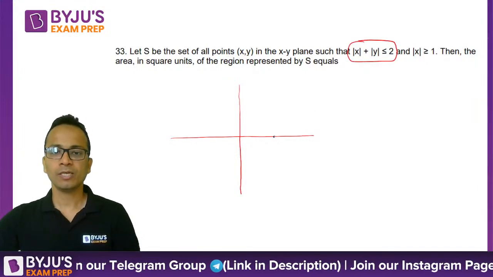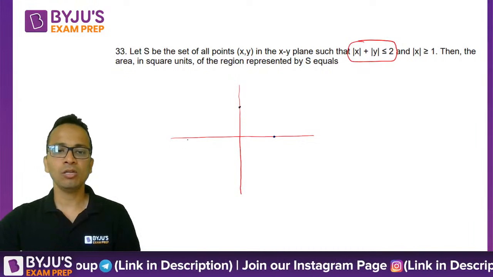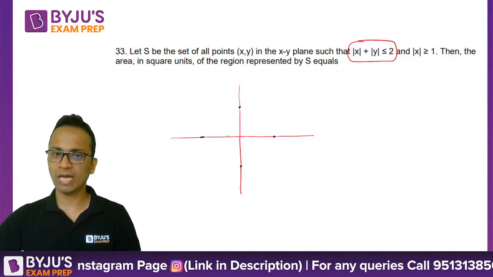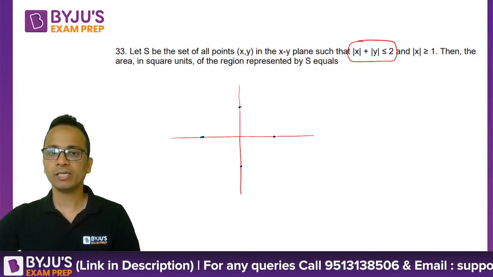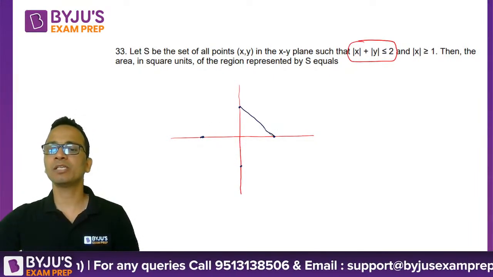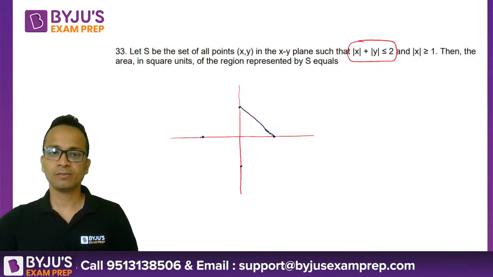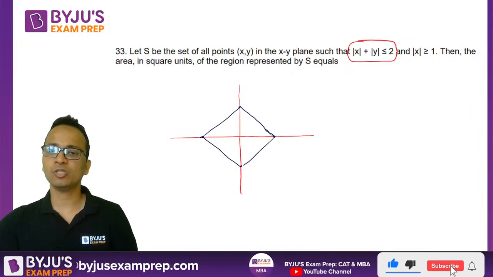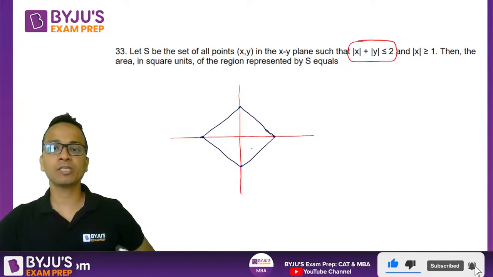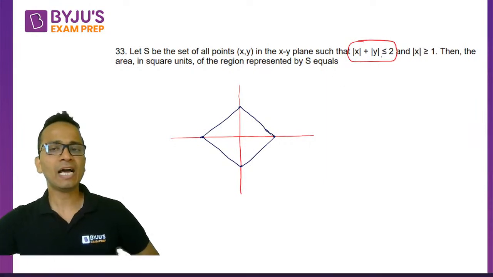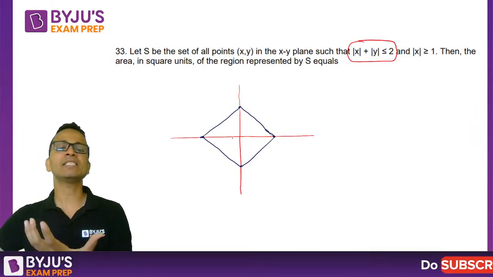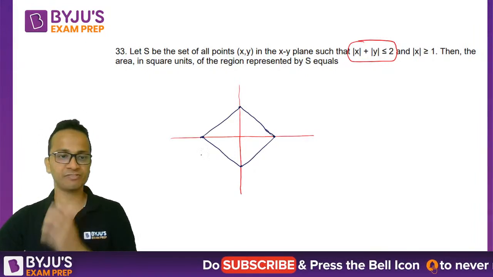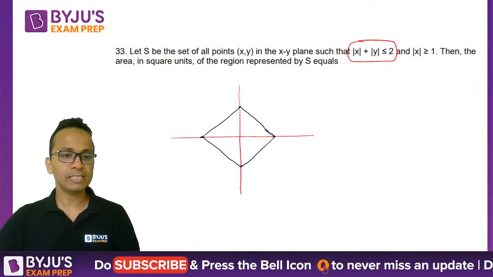So it will intersect all the axes at a distance of 2. Okay, now this will be the equation for x plus y equal to 2 and this will be the entire graph for mod x plus mod y equal to 2. Now I have less than equal to 2, so everything that is inside this region will be considered. Okay, so this is the first graph, inside आएगा.